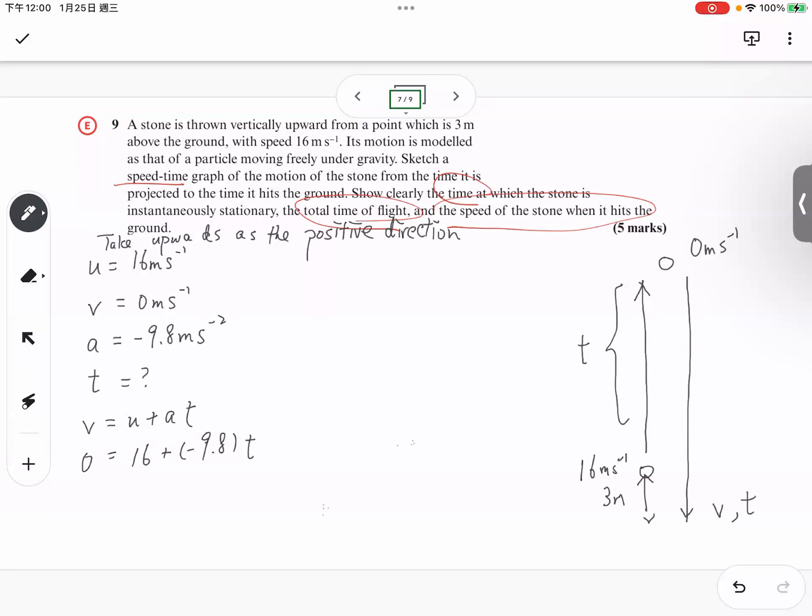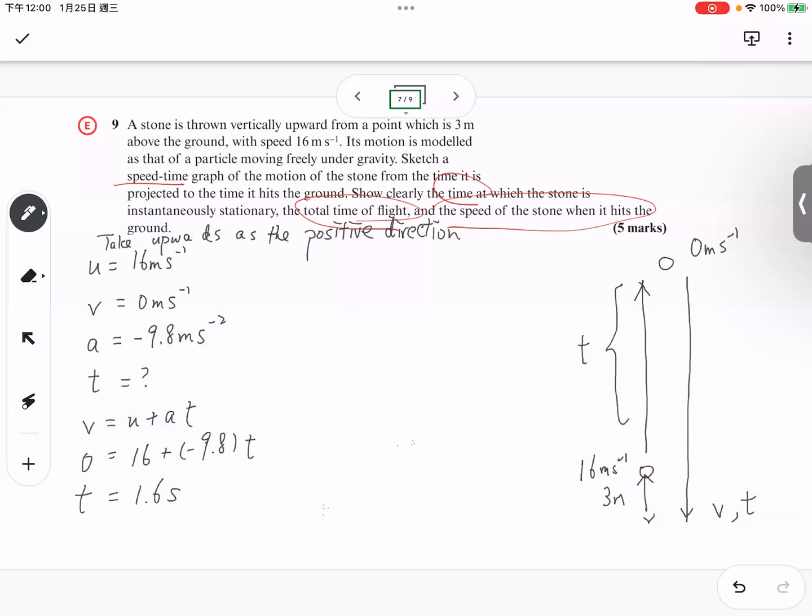So we know that t is equal to 16 over 9.8. That is 1.6 seconds. So that means when it reached the highest point, the stone needs 1.6 seconds.